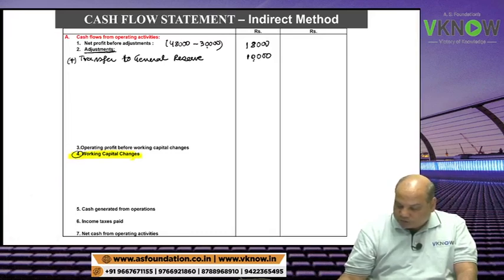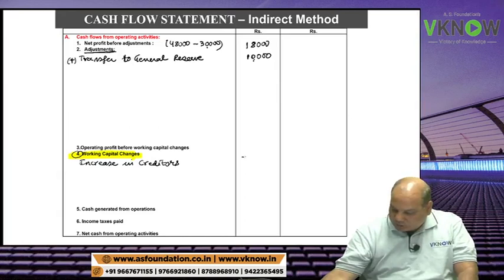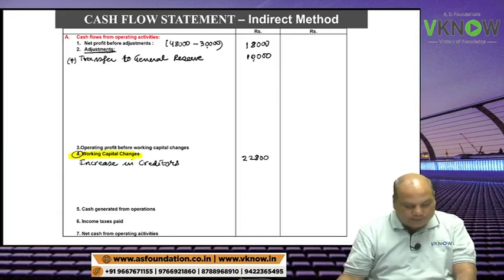Working capital changes. Under that point, you write down increase in creditor. Increase in creditor, increase in cash flow, 22,800.